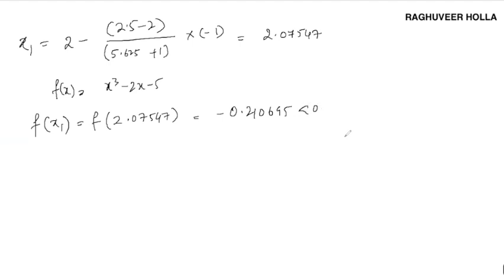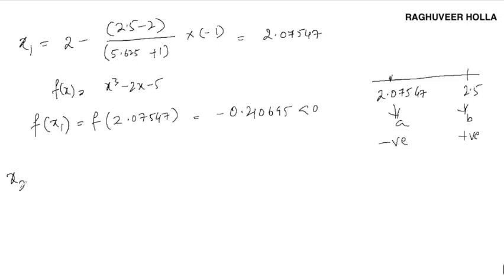Now as you see, it is getting closer and closer. This is 2.07 and this is 2.5. This is A and this is B now. Negative and this is positive. So these are the new roots here.